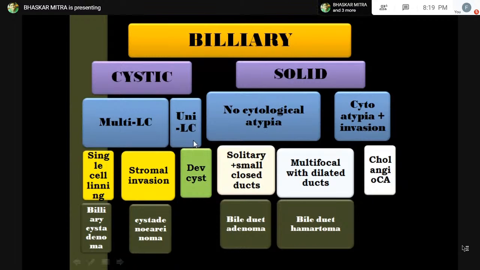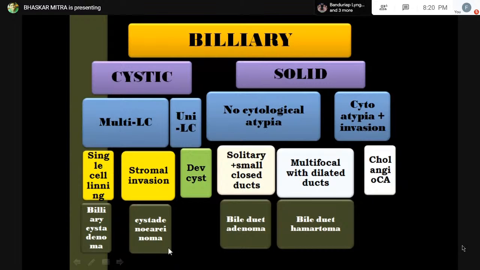Single loculated cyst, then we might be dealing with some developmental cyst. If it is a multi-loculated cyst, is it lined by a single cell lining? Then we are probably dealing with biliary cystadenoma. If it is a multiple cell layer with stromal invasion, we may be dealing with a cystadenocarcinoma.